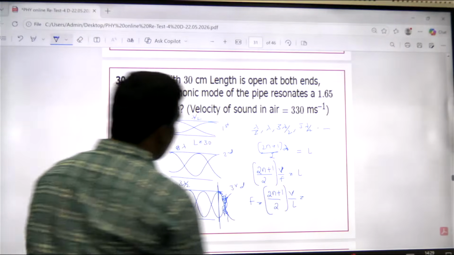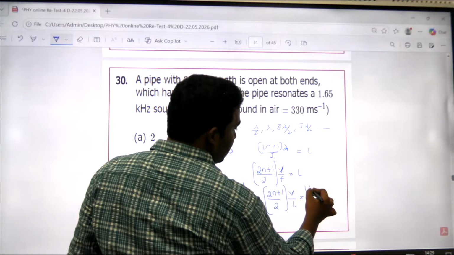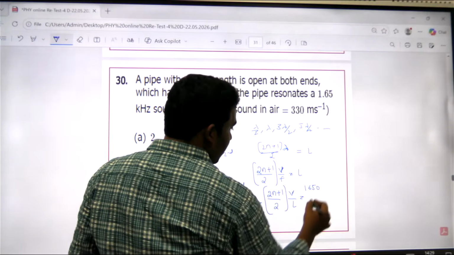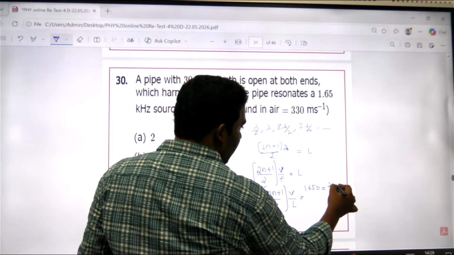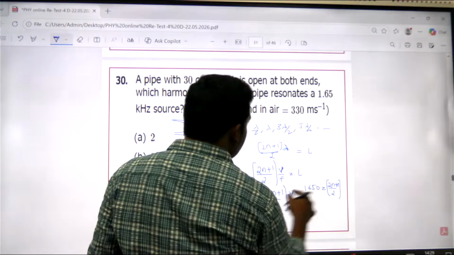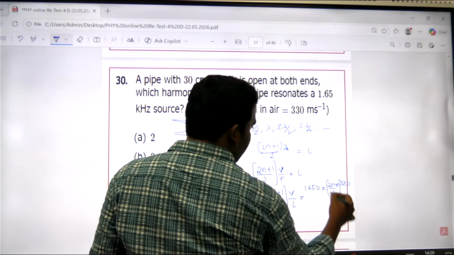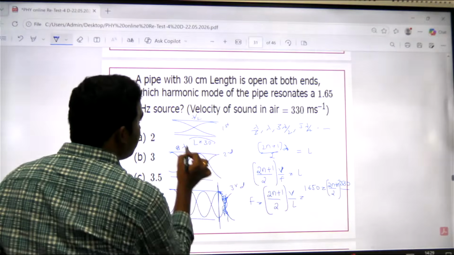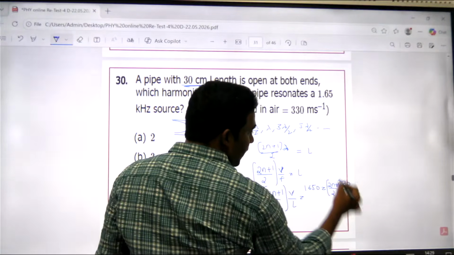If you calculate it, the frequency given is 1650 is equal to (2n plus 1) divided by 2 into, what is the velocity of sound? It is 330, divided by the length. What is the length of the tube? 30 centimeters. So it is 0.3 meters.